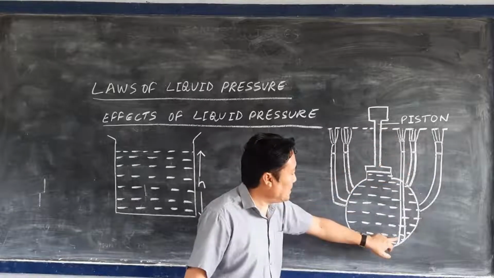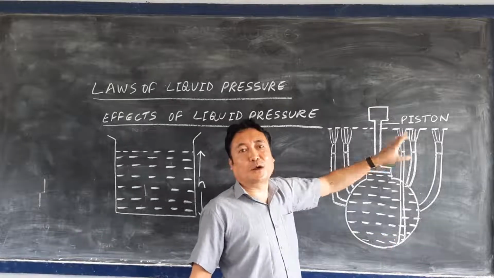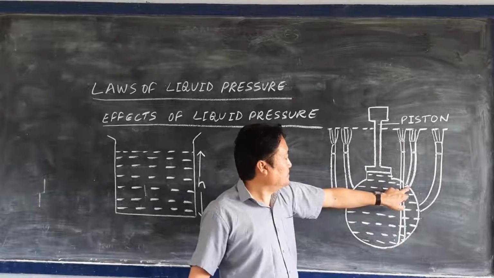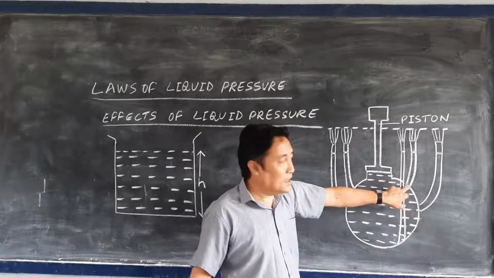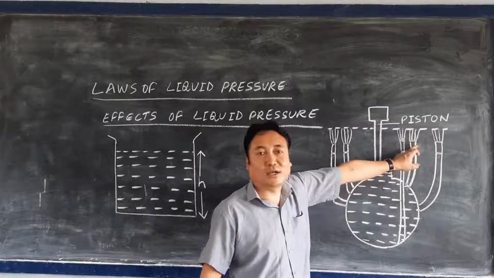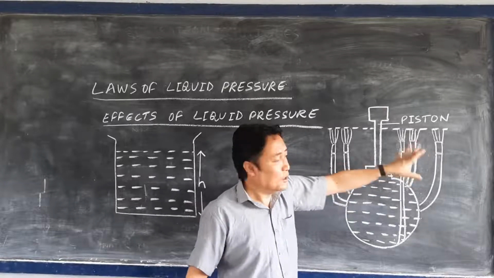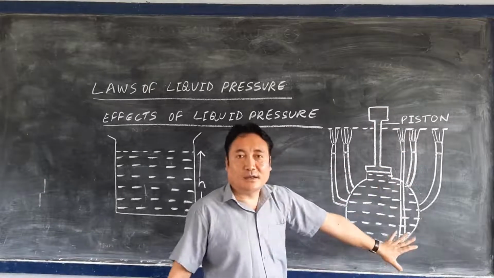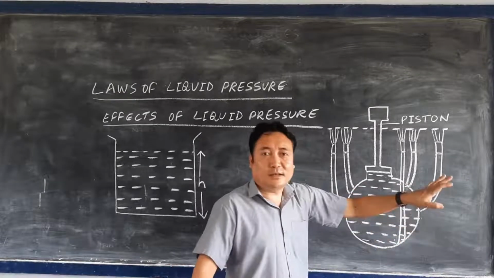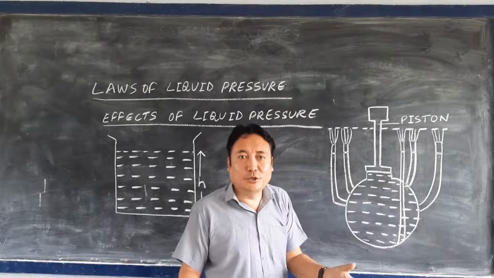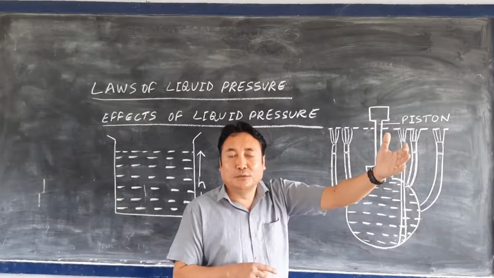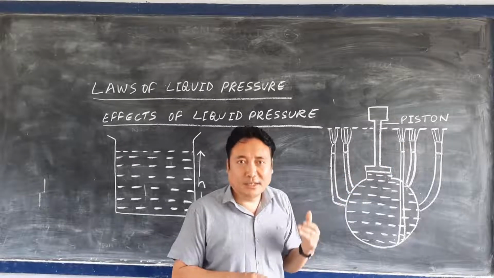It's not that from the base the amount of water will be less, or that from the tube near the neck of the glass flask the water will come more. Whether you fix the narrow tube at the bottom, the top, or the middle, anywhere you connect a tube, the water will come out equally in all the directions.